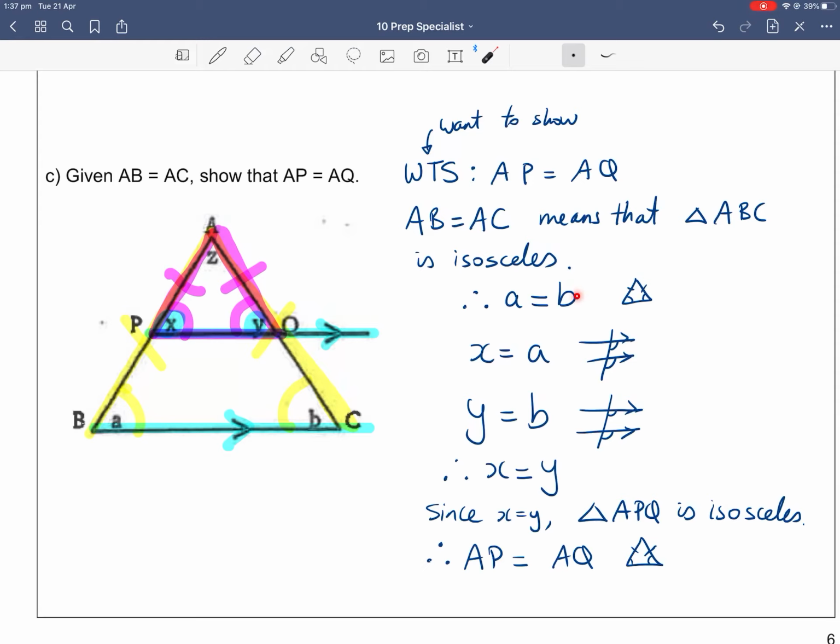Because A and B are the same, and A is X and B is Y, we can justify that X is the same as Y. And in triangle APQ, if X is the same as Y, that tells us it's an isosceles triangle, which also has two sides of the same length, which is exactly what we want with AP equals AQ.